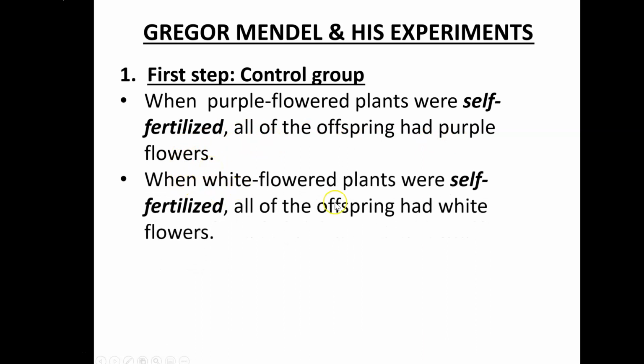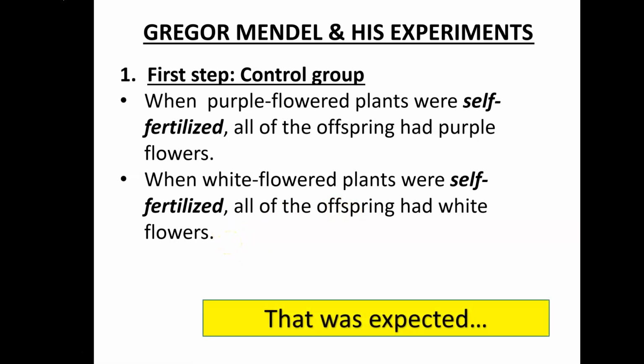And when white flowered plants were self-fertilized, all of the offspring had only white flowers show up in the next generation. Okay, and this was expected. So this was the control group. The first thing that he did was produce self-fertilized, or true breeding plants.